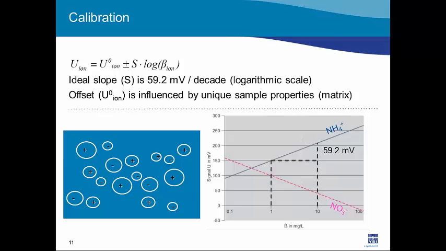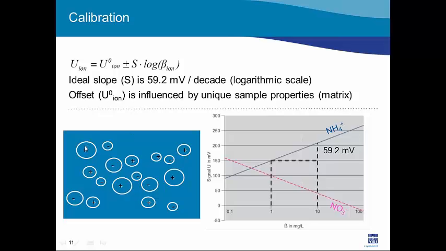The offset, which is the first term after the equal sign there, is influenced by unique sample properties. So unlike the slope, which is part of the monitoring system, the offset is really a property of the sample.